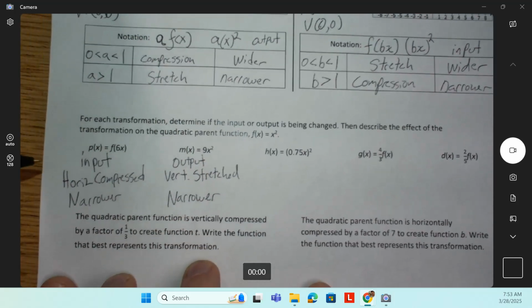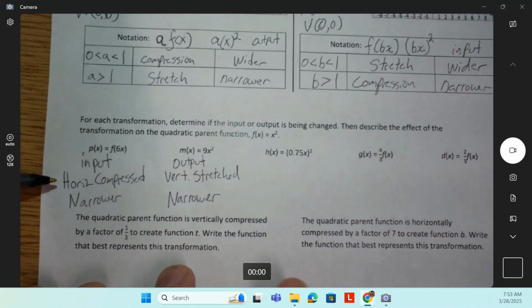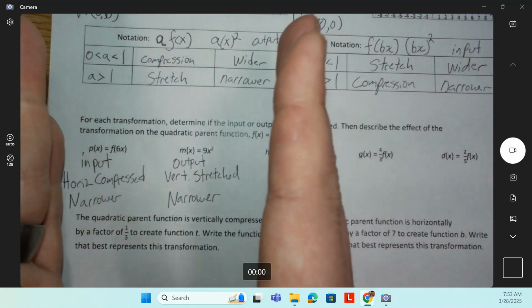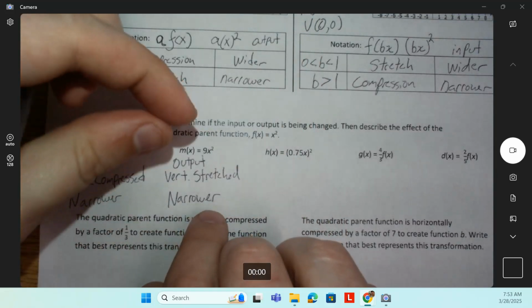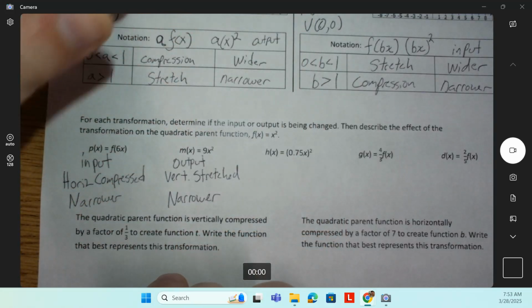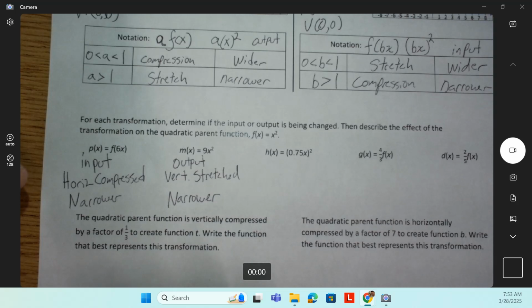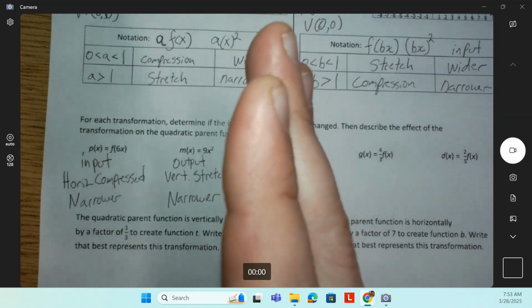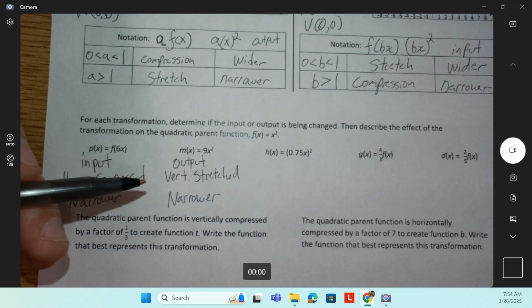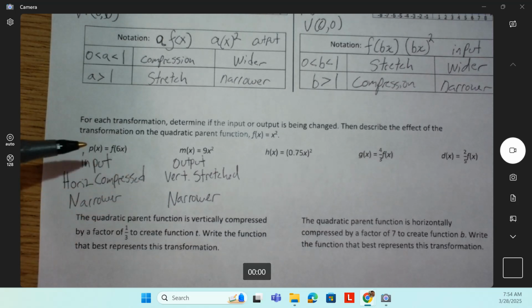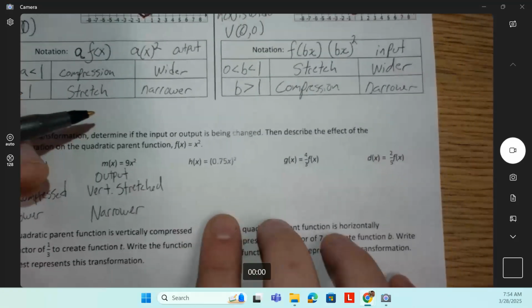So looking at this, if you compress it horizontally, pushing it inward from the left and right, that makes it narrower. But pulling it from the top and bottom is also something. Think of when you've got silly putty or Play-Doh or something like that that you can pull and stretch: pushing it one way and pulling it the opposite really have that same effect. And we'll look at one more.